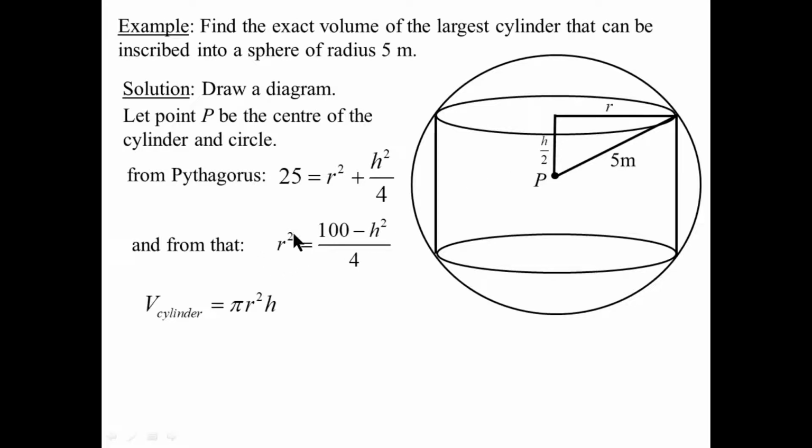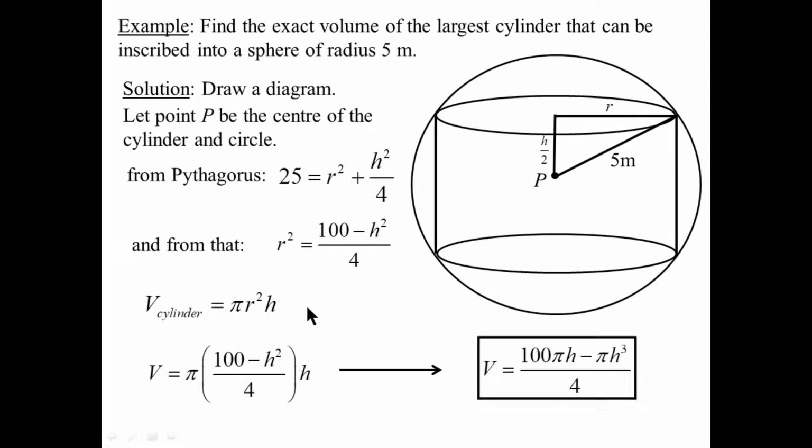But we've developed an expression for r squared, so here's a formula for the function we're trying to maximize, but there are too many variables, so we'll take this r squared and replace. Simplifying a bit by multiplying the pi into the numerator and this h into this numerator, we end up with an expression in one variable for the thing we're trying to maximize or minimize.